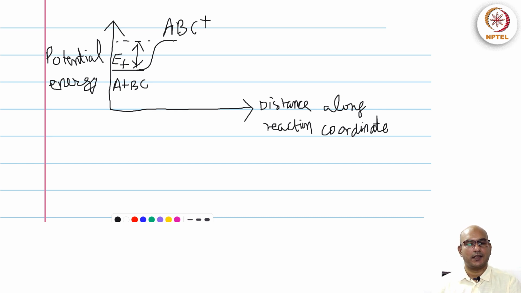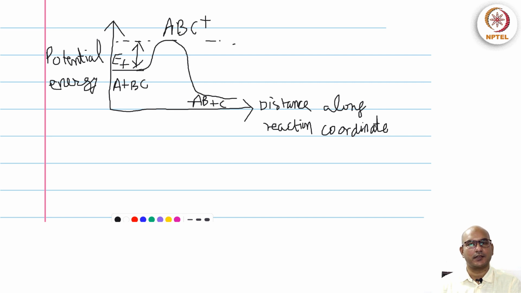Now after this the energy will start to decrease again, and this activated complex is short lived. So this short lived complex will break down and reach another point, which is the product. So let's say we have now reached the product AB plus C, and we have come down.